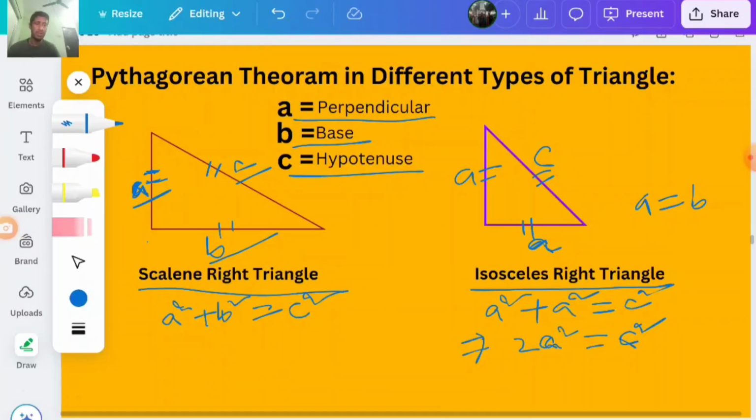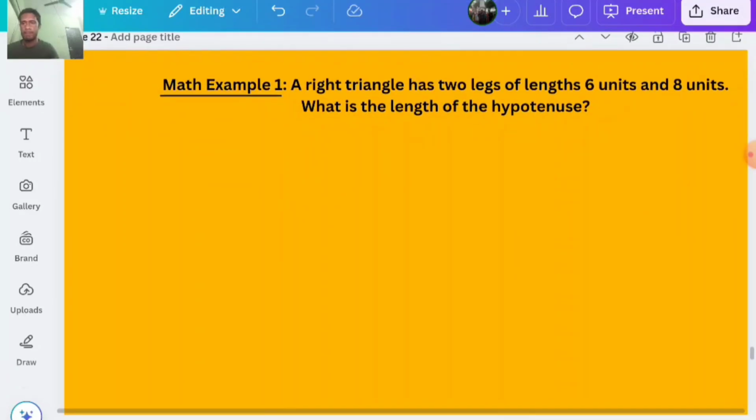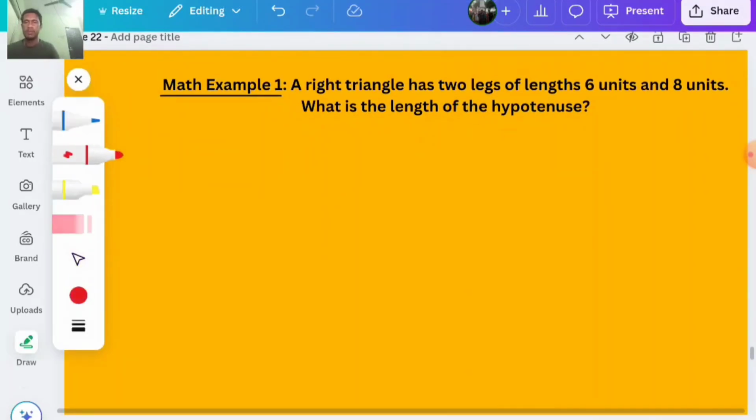So we are going to the next page. Here is an example. A right triangle has two legs of lengths 6 units and 8 units. What is the length of the hypotenuse?